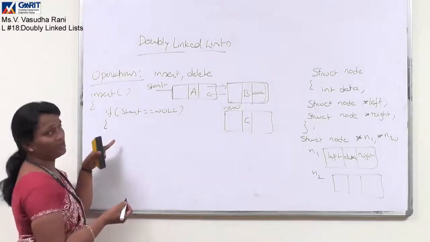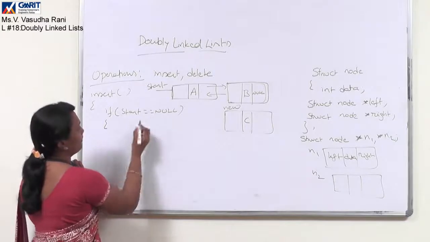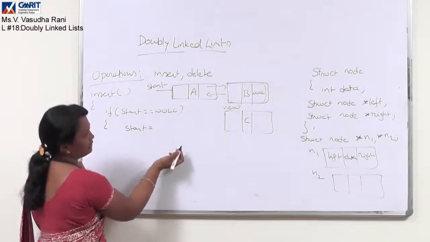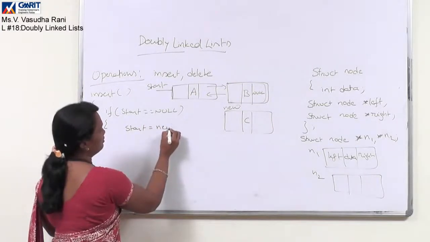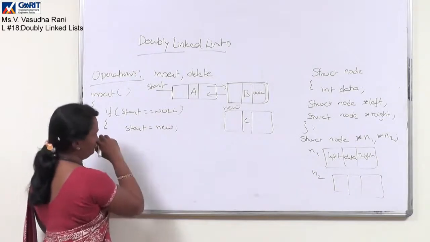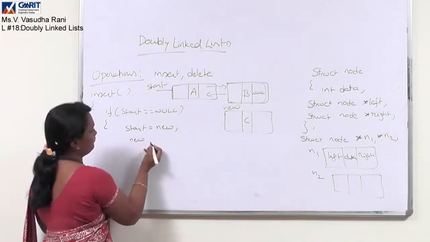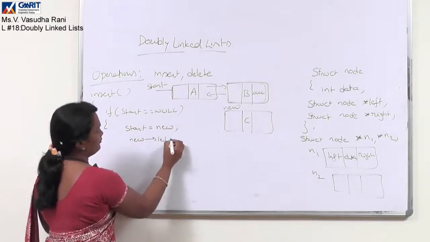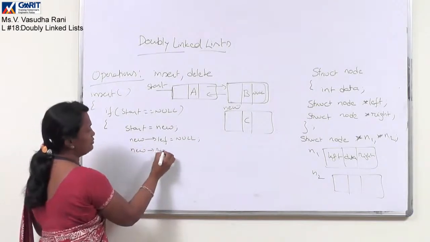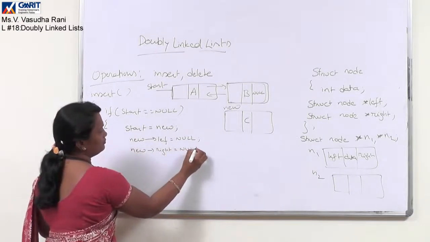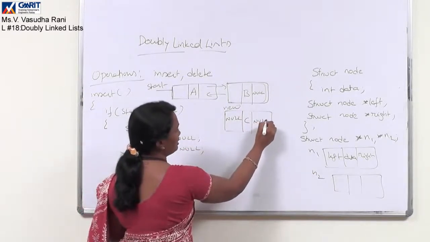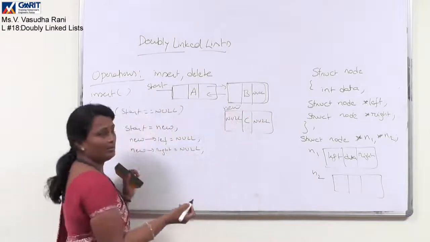If there are no elements already existing, you have to make your start pointer refer to that new node, and the new node's left is null and the new node's right is also null. So this pointer will be null and this pointer will be null. It is referred with new.